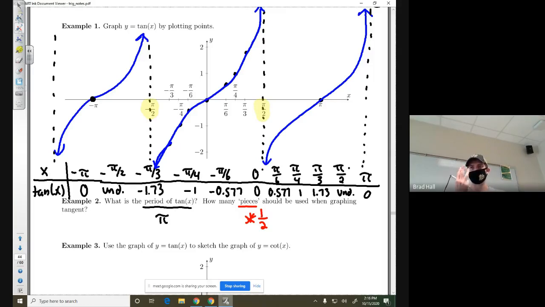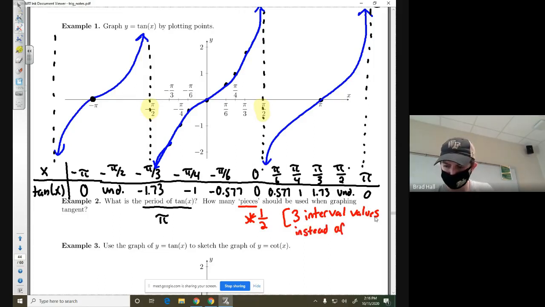So you will only have to list 3 interval values instead of 5. So just to clarify what that means: it's multiplying by 1/2 and then 3 interval values instead of 5. We're not breaking it up into fourths, we're breaking it up into halves. And this will be clear later on.